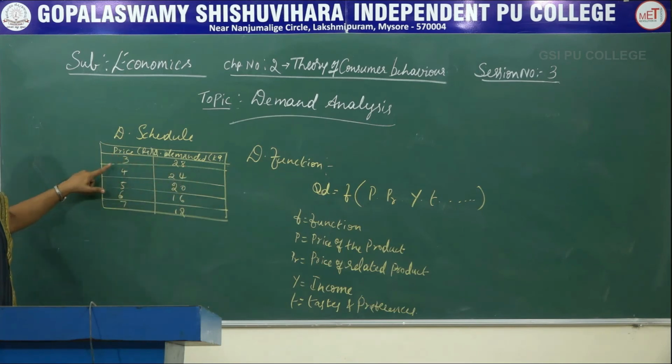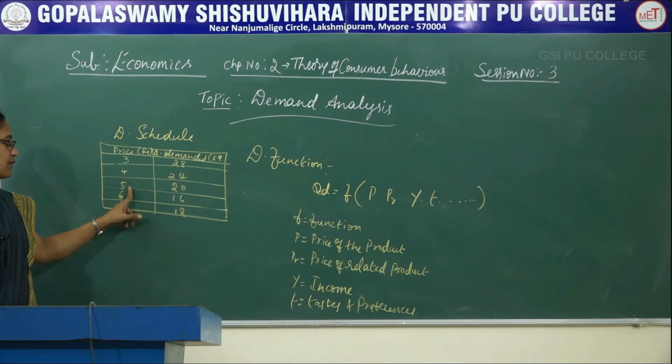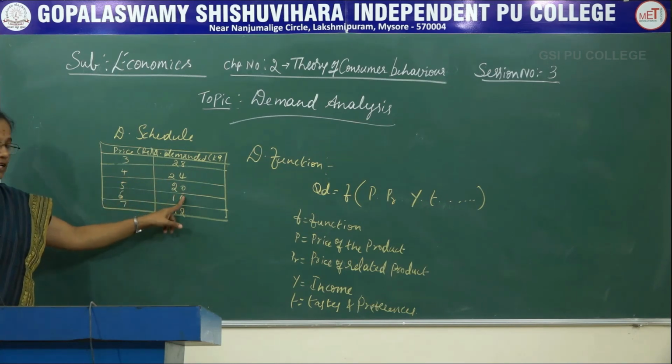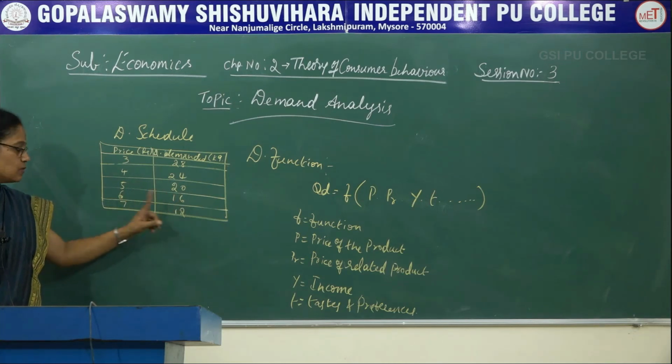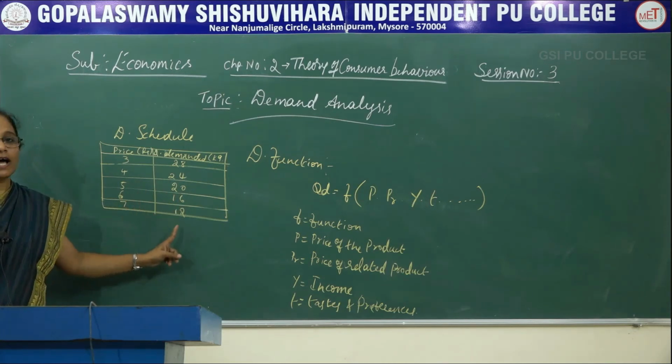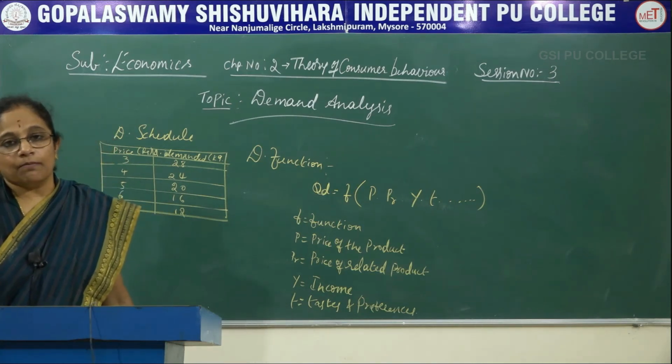If the price hikes by 1 more rupee, that is, if it becomes 4 rupees, then I may buy only 24 kilos. If it hikes to 5 rupees, then I may buy only 20 kilos. If it hikes to 6 rupees, then I may buy only 16 kilos, and if it hikes to 7 rupees, I may buy only 12 kilos. So this is called the demand schedule.